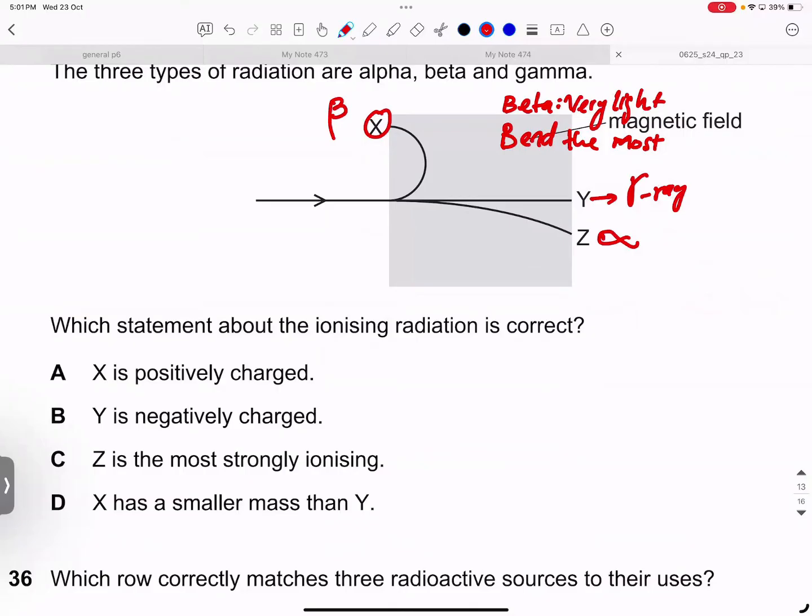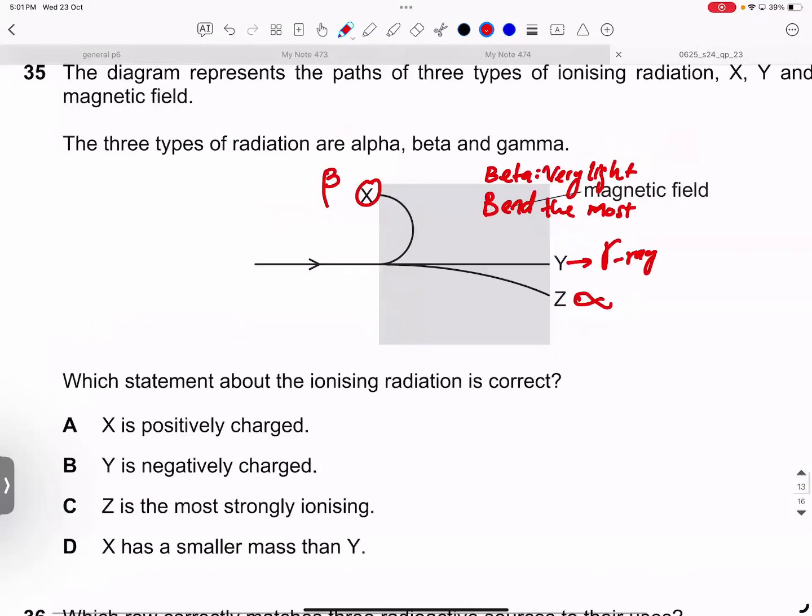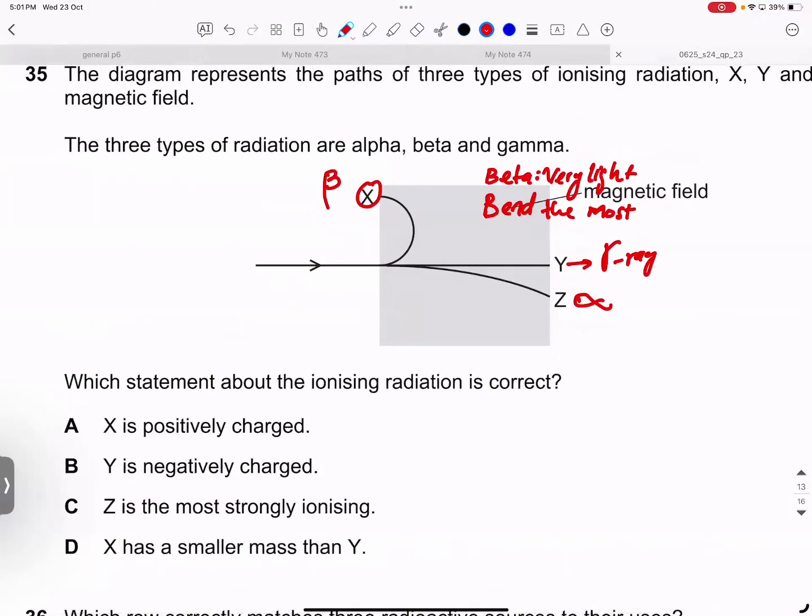Alpha. So which statement about the ionizing radiation is correct? Option A, they are saying that X is positively charged. As you know, I can tell you, X is beta negative. Gamma is neutral. Alpha, we decided Z, it is positive. Option A is wrong option. Y is negative. No. Y is gamma, it is neutral. Option C, Z is most strongly ionizing.